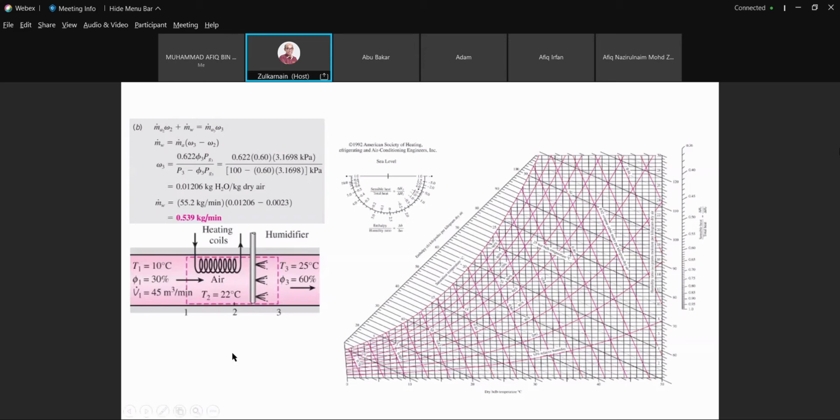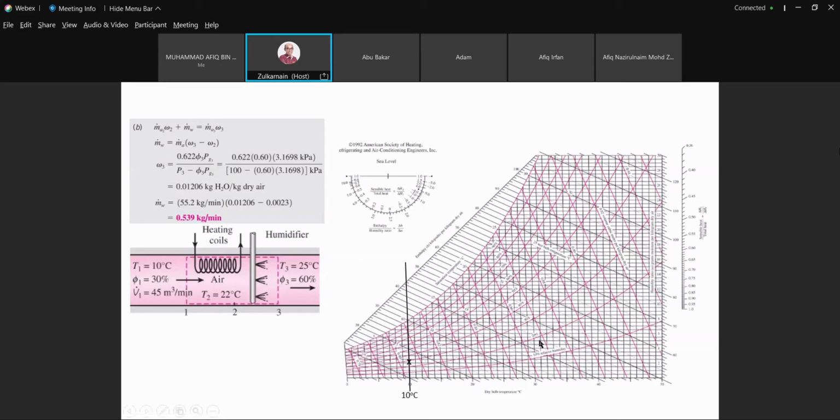So now we are going to sketch the first state. The first state is 10 degrees C, 30% RH. So we plot the 10 degrees, and then we have the RH. That represents an RH of about 30%.